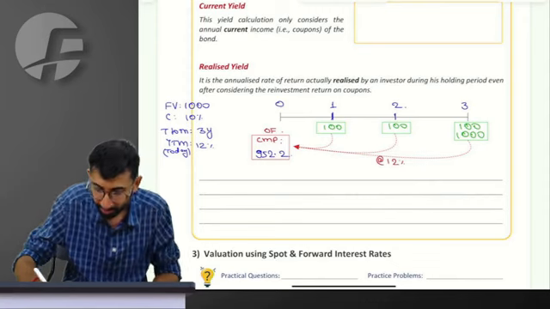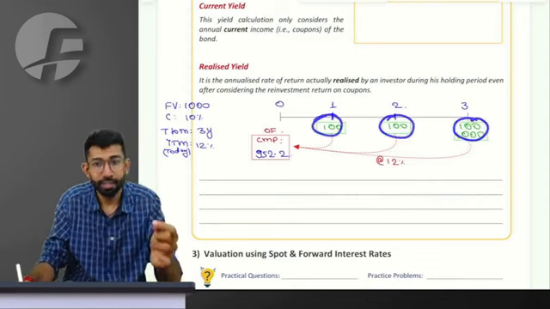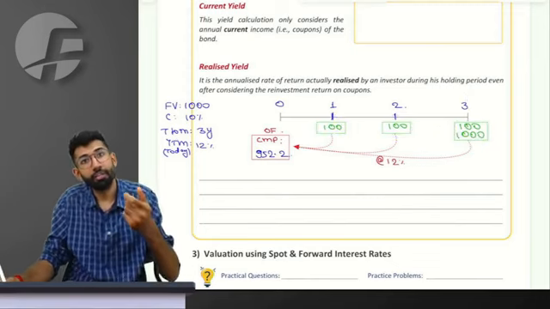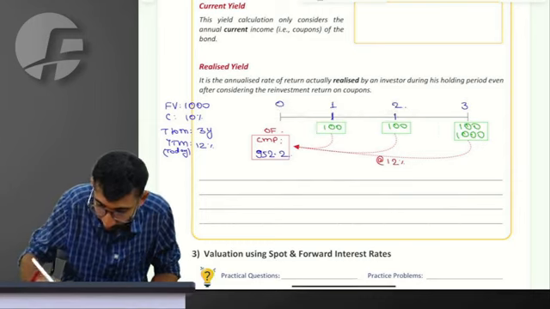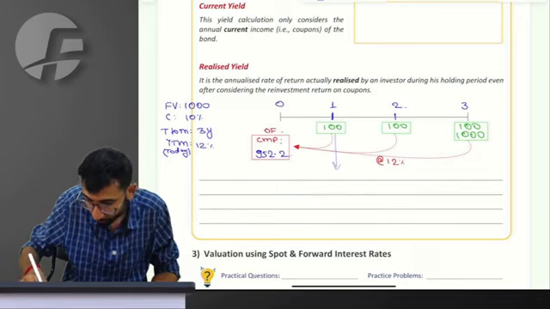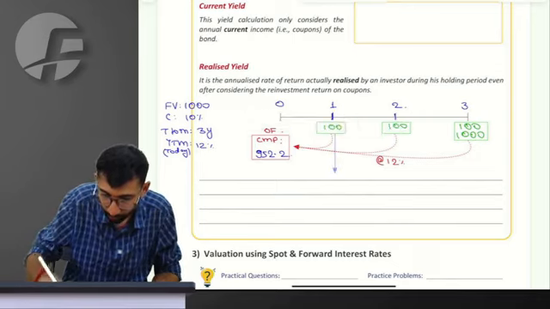All right. So these cash flows which you receive at the end of every year, which you don't need, which you need only at the end of third year, what will I do? I will try to reinvest them, which means this 1,000 rupee, let me bring it down. This 100 rupee of coupon.